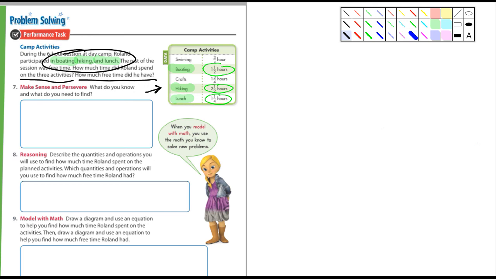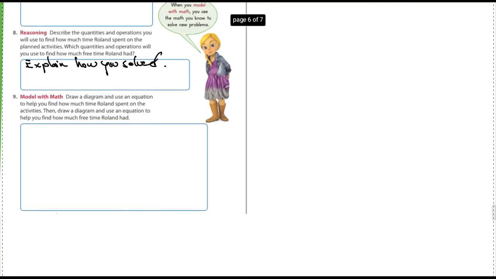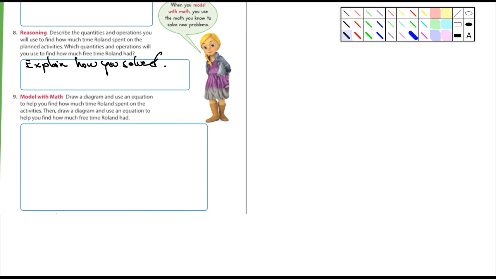All right, just explain how you solved it. Just do that. They make it so much more difficult than it needs to be, it seems like.